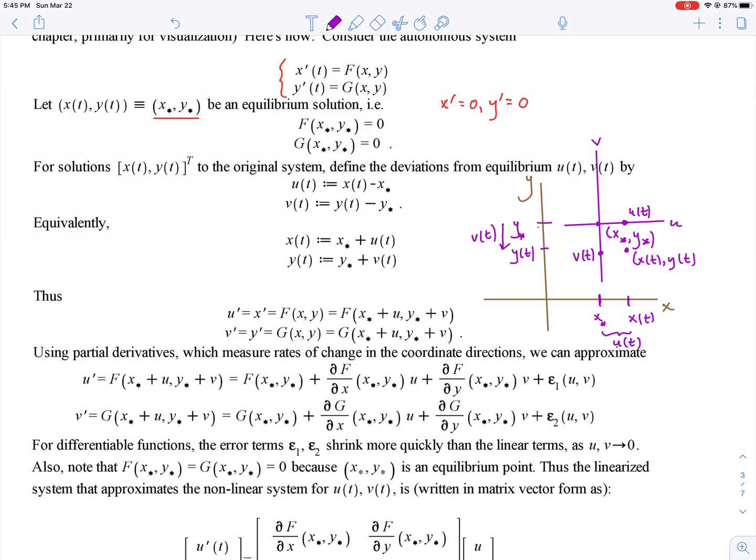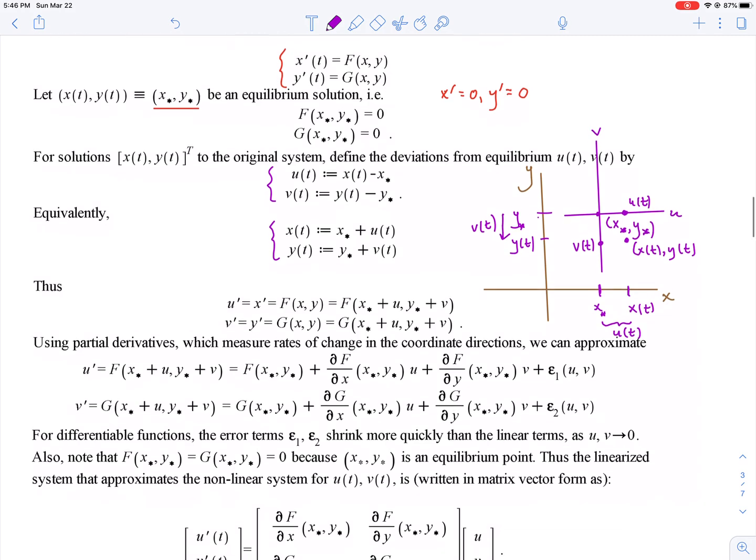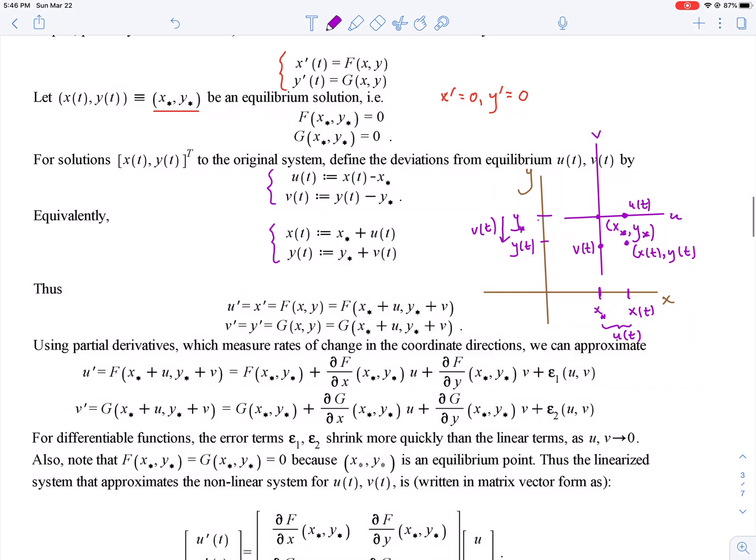All right, and we can write how these pairs of functions are related either by writing u and v in terms of x and y, or the other way. Now, u of t and v of t differ from x of t and y of t by constants, so that's why u prime of t is the same as x prime of t, and v prime of t is the same as y prime of t.